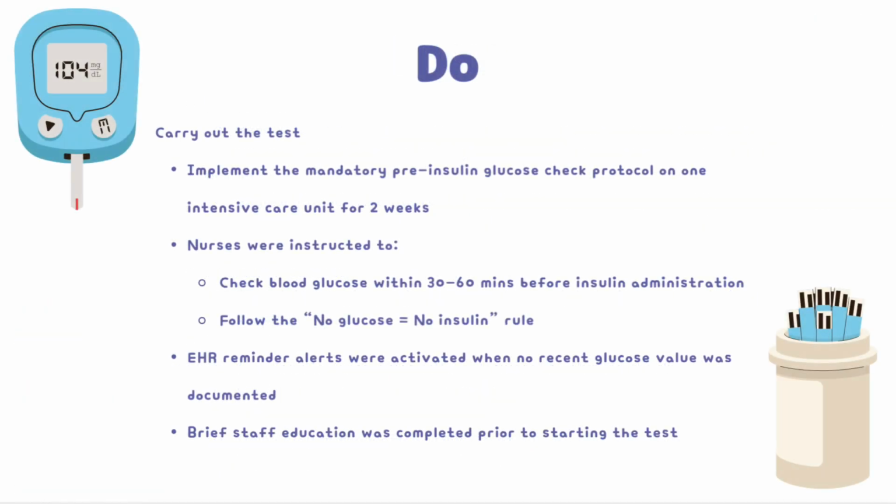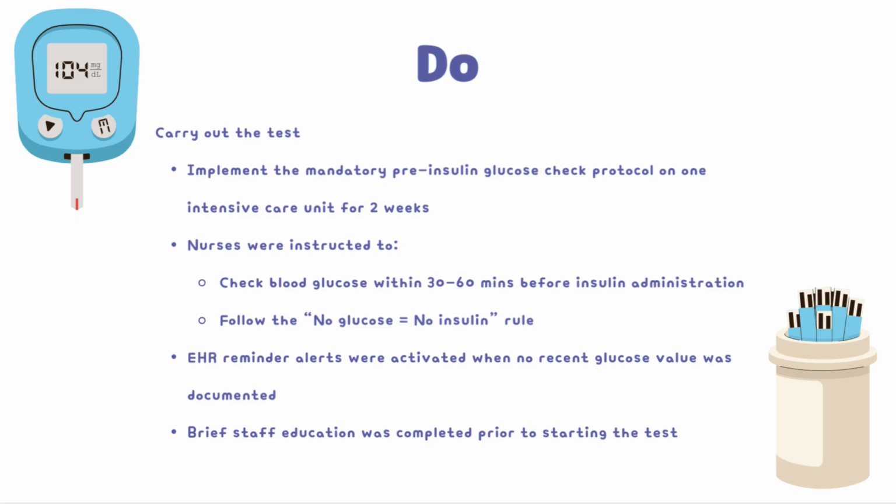In the do phase, we'll carry out the tests. This involves implementing a mandatory pre-insulin glucose check protocol on one intensive care unit, aka ICU, for 2 weeks. Nurses are instructed to check blood glucose within 30 to 60 minutes before administering insulin and to strictly follow the rule: no glucose equals no insulin.